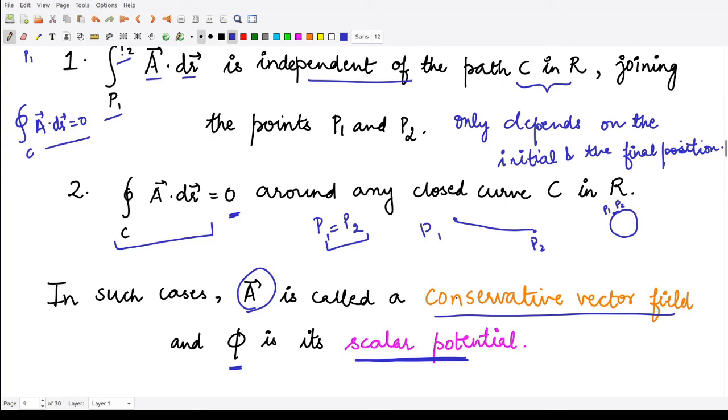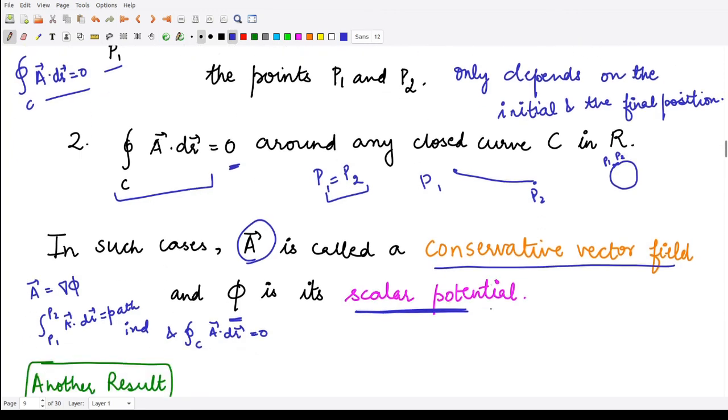So in short, if you have the vector A defined to be the gradient of the scalar phi, in that case the integration from the point P1 to P2 of A dot dr is path independent, right? And moreover the integration over the closed curve of this quantity is equal to 0. If this happens, this vector A is the conservative vector field and phi is the scalar potential.